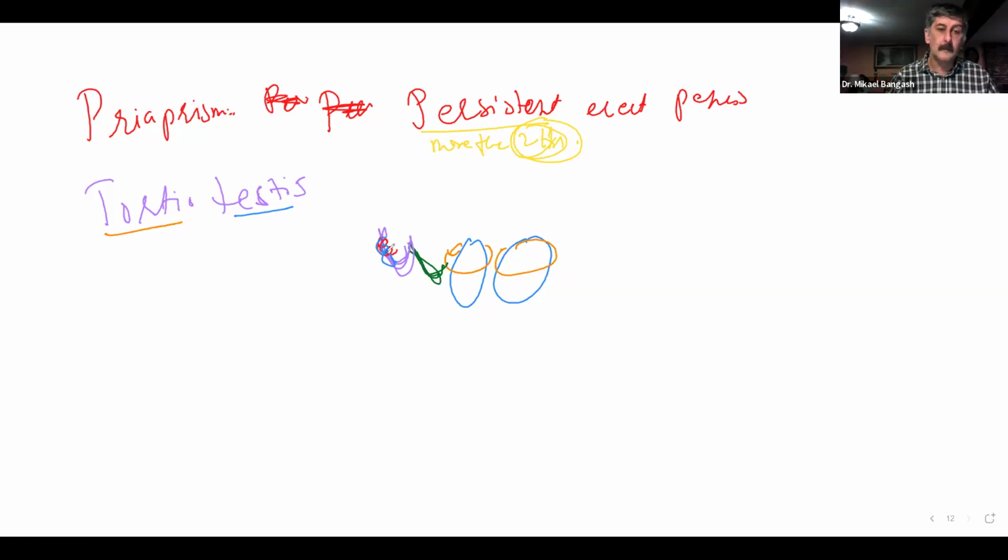That makes sense. And what that twisting of the arteries is going to lead to is that the blood supply to the testes is reduced, or as a matter of fact, by the twisting here, completely blocked.